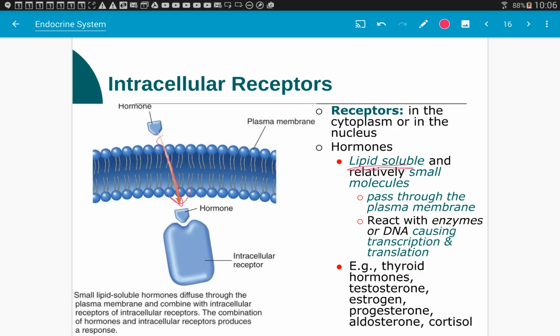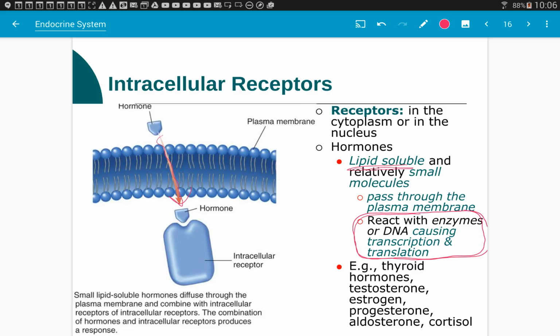Okay? And so when this happens, essentially, here's the key. This is what happens when we have a hormone enter through the plasma membrane, bind to a receptor inside.